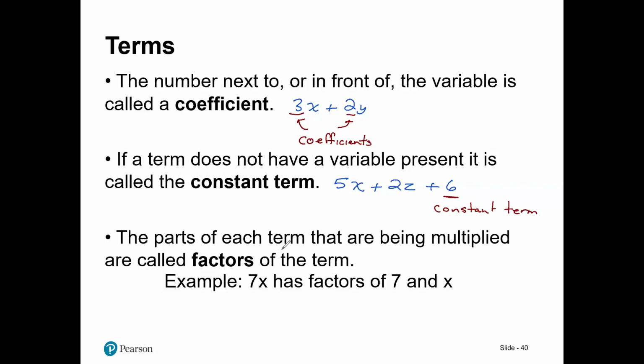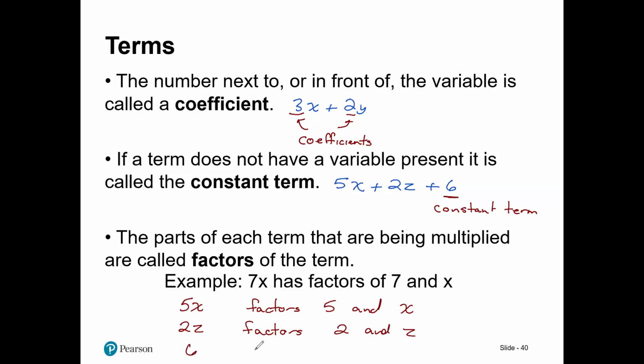The parts of each term that are being multiplied are called factors of the term. So 7x has the factors of 7 and x. 5x has the factors of 5 and x. 2z has the factors 2 and z.